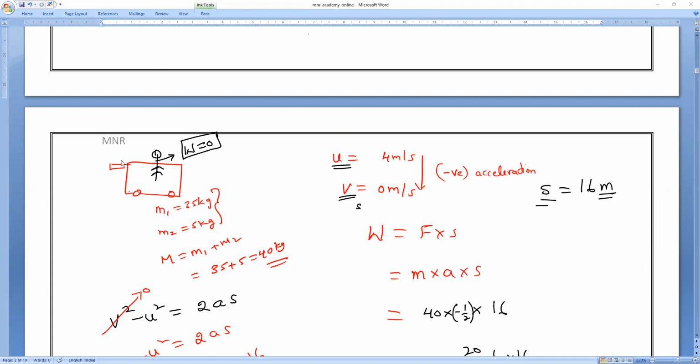So if the girl is sitting on the trolley, what will happen, everybody? The girl is not showing any displacement. If the displacement is 0, then what is the work done by the girl? 0. Okay. And as the girl is sitting inside the trolley, both masses move together, because they are not supposed to travel individually.